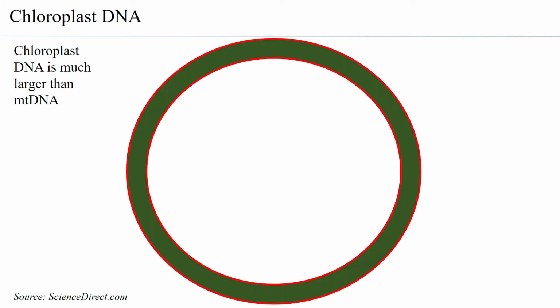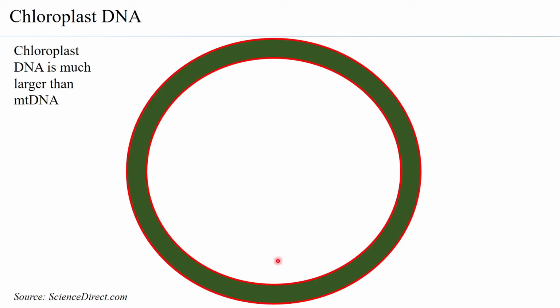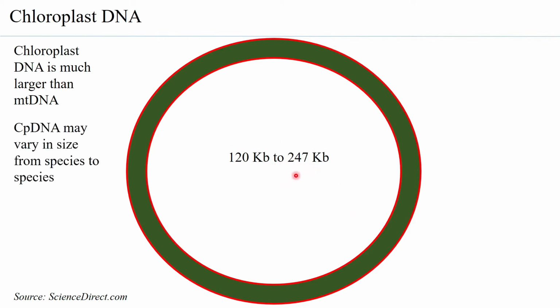If you consider that the chloroplast DNA is a closed circular covalent structure, then it can range anywhere between 120 kb to 247 kb, and there are other variants too. So the size can vary from species to species.